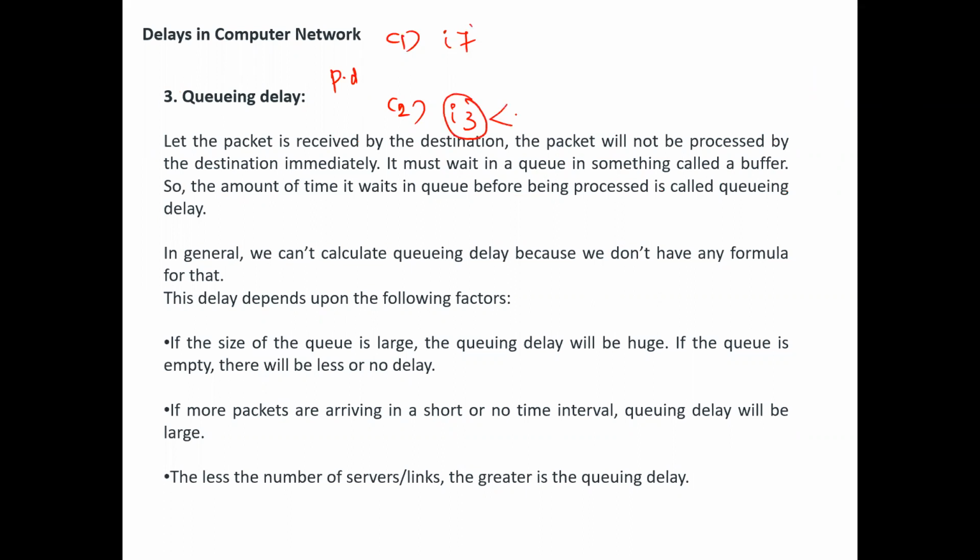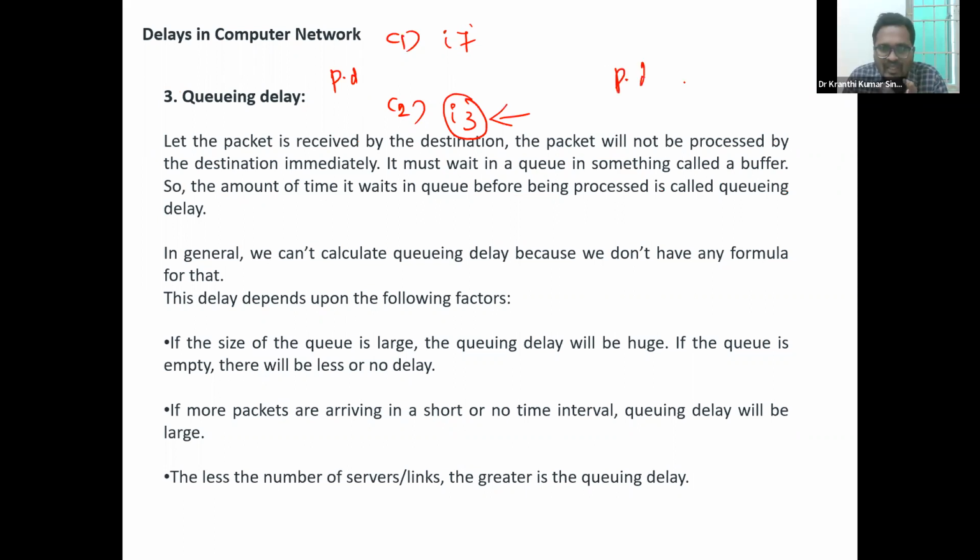Because it has less capacity compared to i7. So can I say that processing delay is inversely proportional to processor capacity? Yes, sir. Processing speed. Yeah, right, of course.